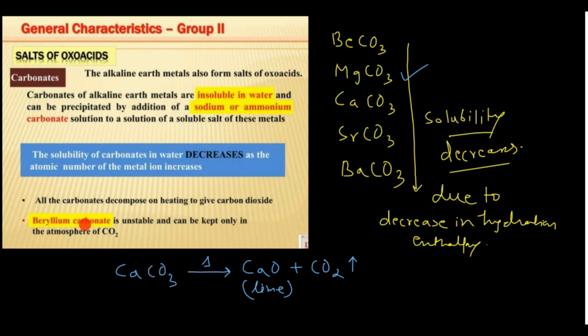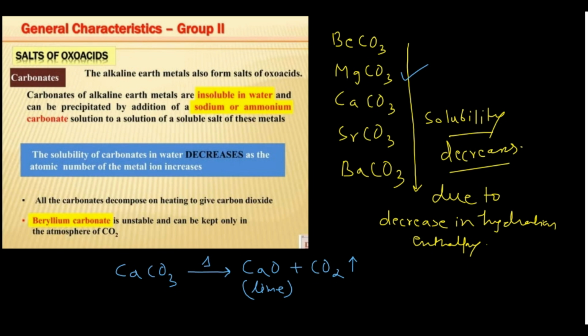But beryllium carbonate is unstable and can be kept only in an atmosphere of carbon dioxide. That means this kind of decomposition would not actually be possible. Why? Because beryllium carbonate has a tendency to absorb moisture from the atmosphere, so it is quite unusual. It gets hydrated.